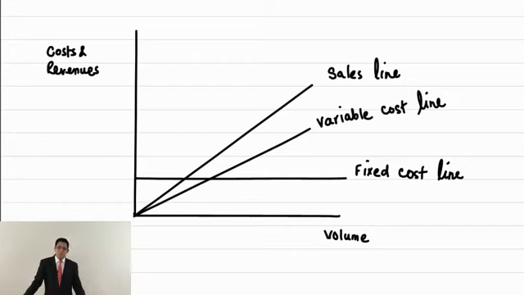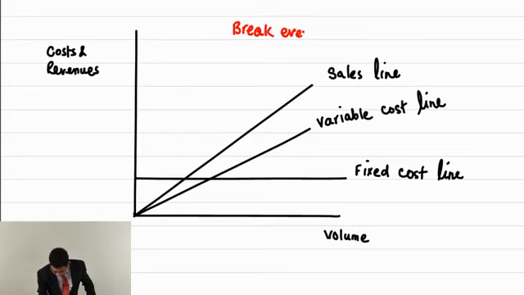The only problem is this: we are drawing a break-even chart, and the question arises, where is the break even? Break even is where the total sales revenue equals total cost. And where does it show on the break even chart? I can't see it.